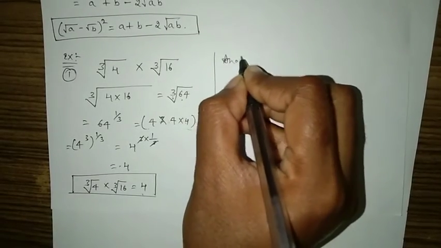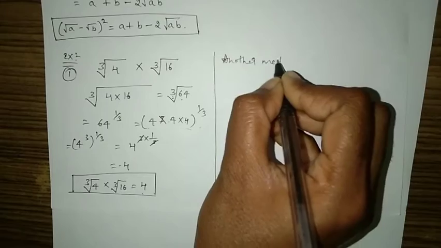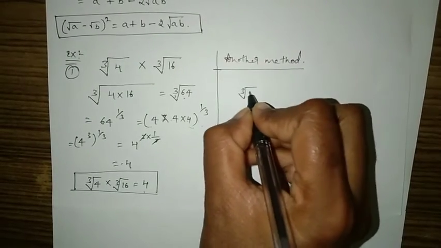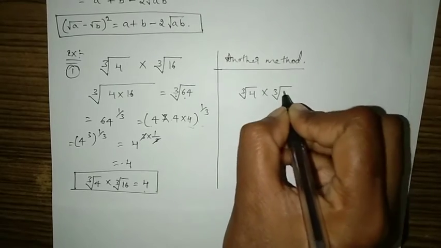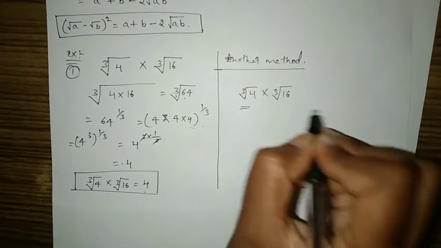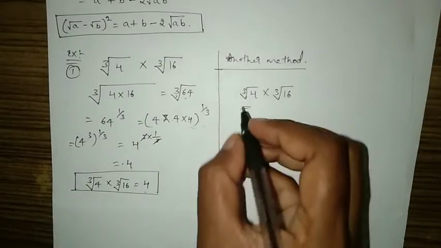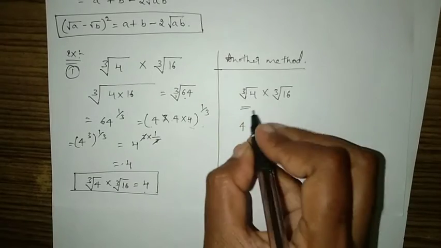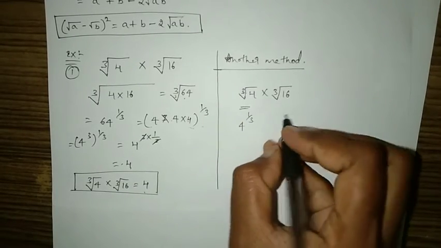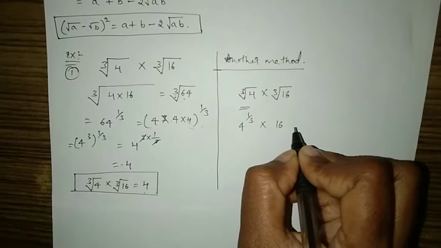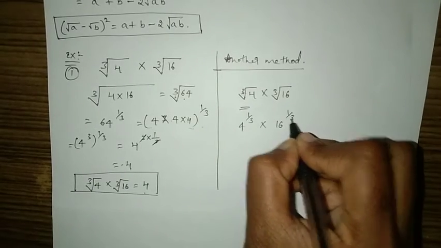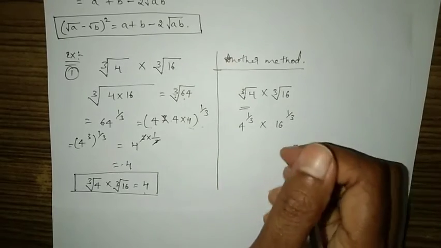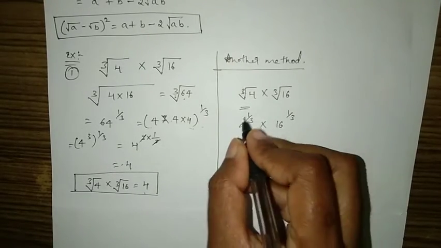The another method. So this is the actual problem, right? So how can we do this? Write 4 as it is. Take the cube root, that is power 1 by 3, it becomes 16 to the power 1 by 3, keep it as it is. Take 1 by 3, so 4 power 1 by 3 into 16 power 1 by 3. So there is the common power here, right?